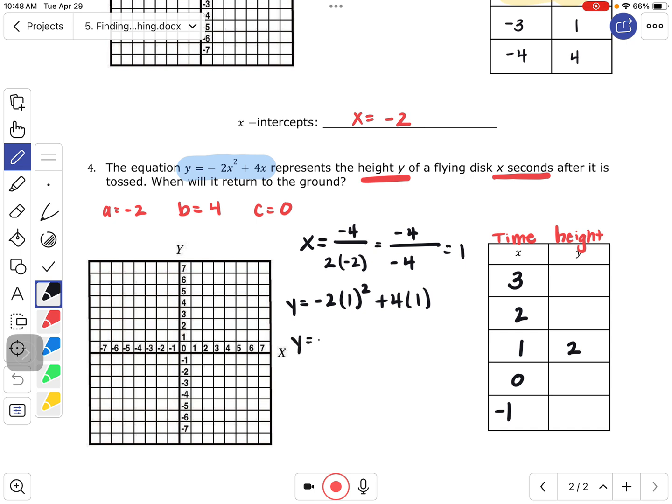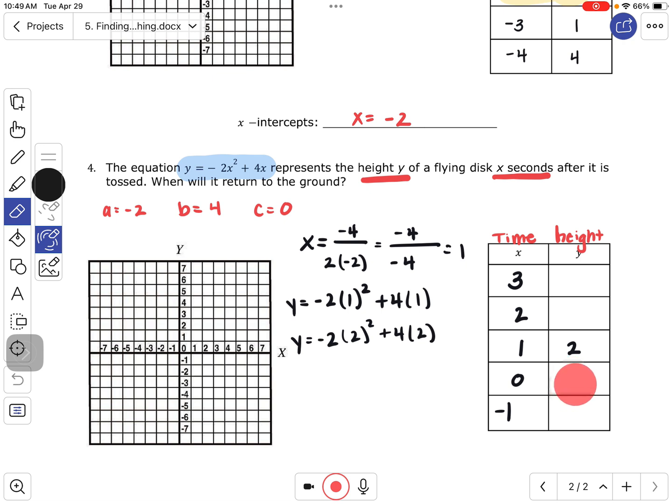Now I'm going to say y equals -2 parenthesis 2 squared plus 4 parenthesis 2. If I put all that in, I get a 0. Sorry, I have my key set up differently than I have this one.